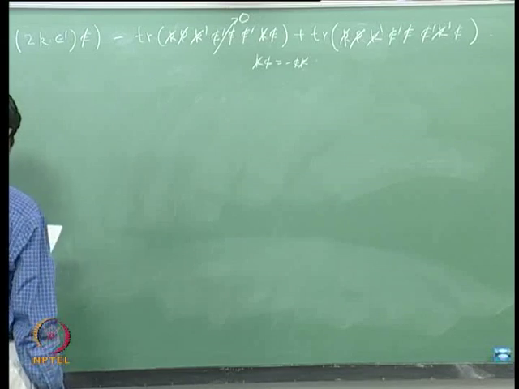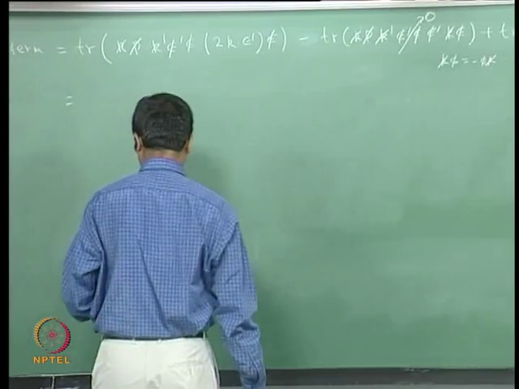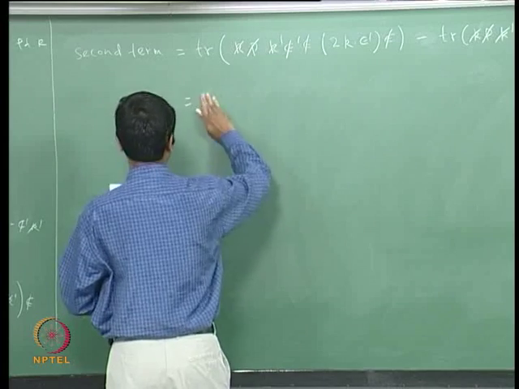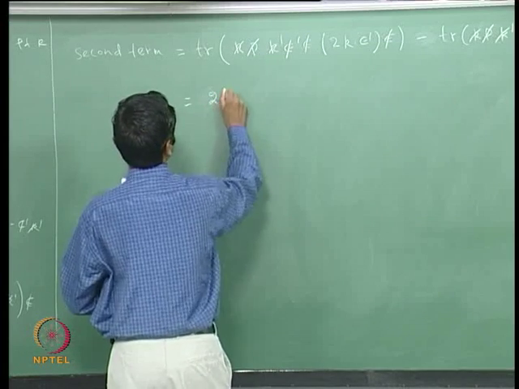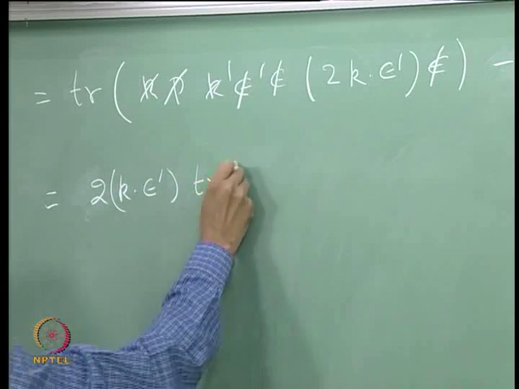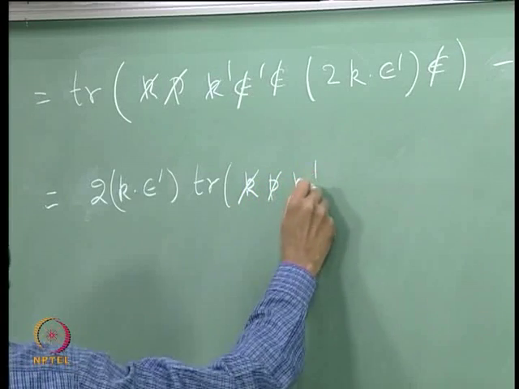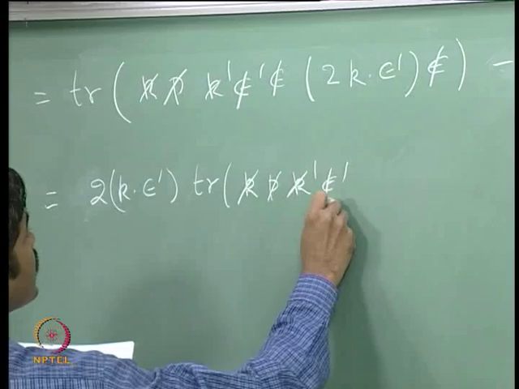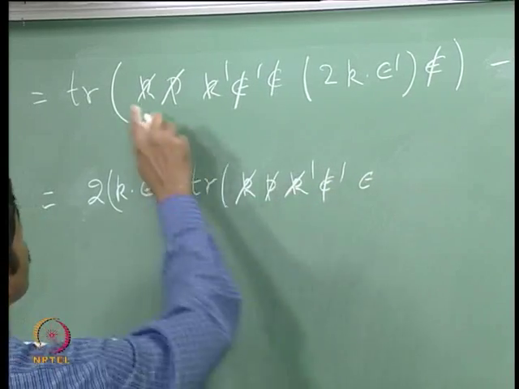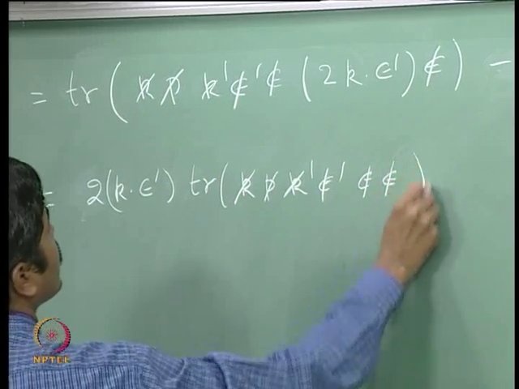Epsilon prime slash, k prime slash, so this is twice k dot epsilon prime, trace of k slash p slash k prime slash epsilon prime slash epsilon slash epsilon slash. Okay.